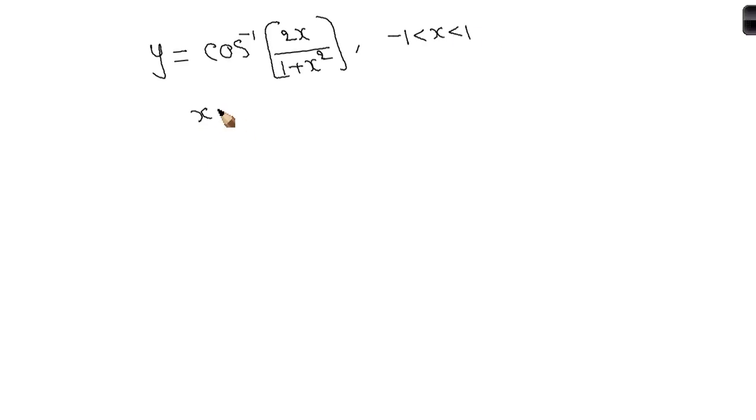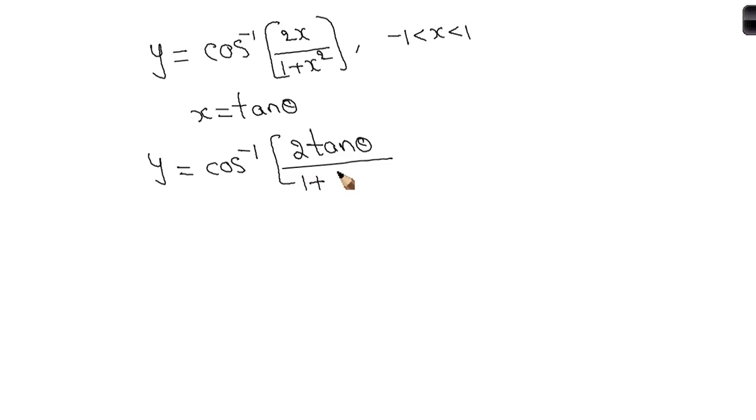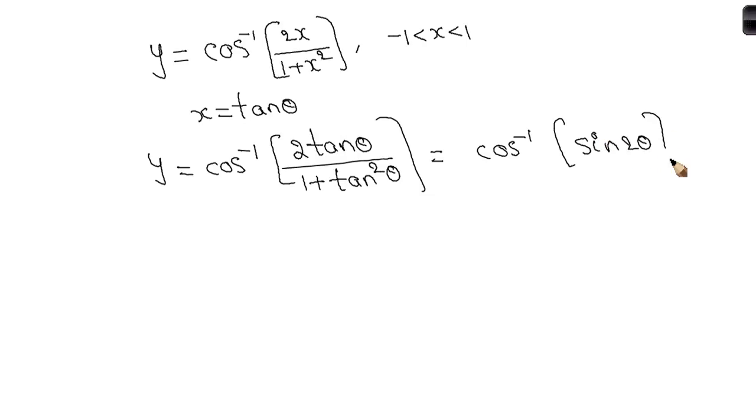Again replace x with tan theta. So y would be cos inverse of 2 tan theta upon 1 plus tan square theta, which would be cos inverse of sine 2 theta.